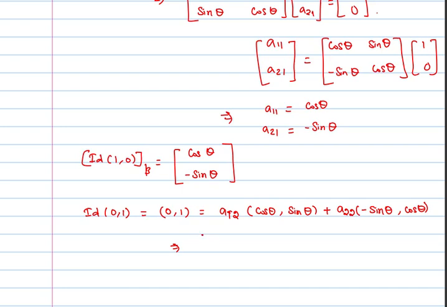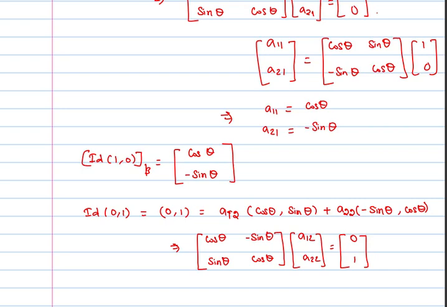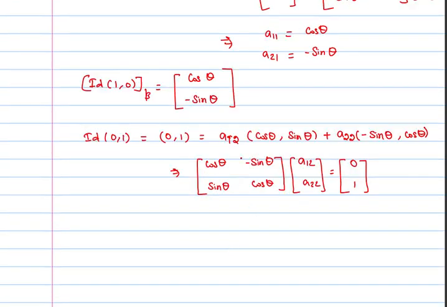So you will get cos theta, minus sin theta, sin theta, cos theta, times A12, A22, equal to 0, 1. By the previous argument, this is an orthogonal matrix, so the inverse is simply its transpose.